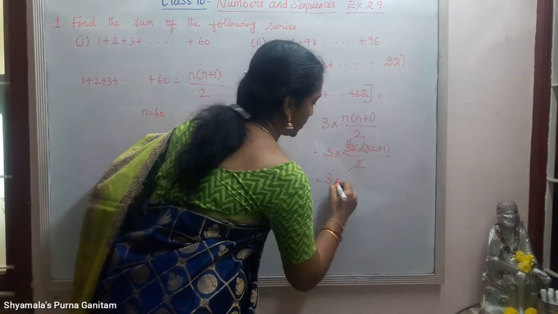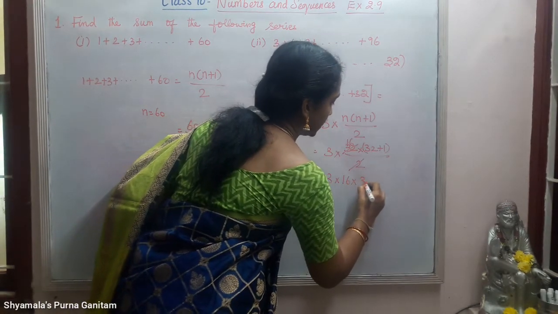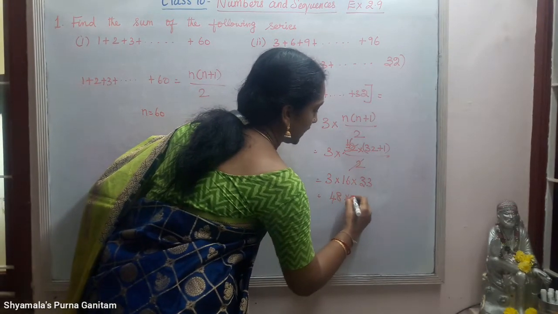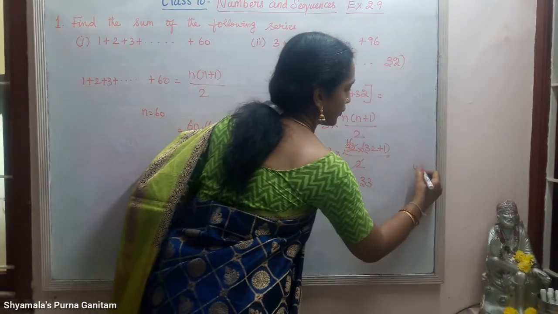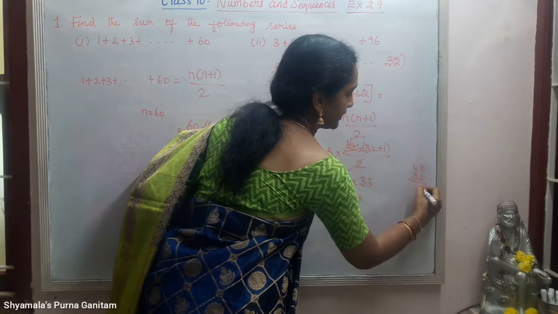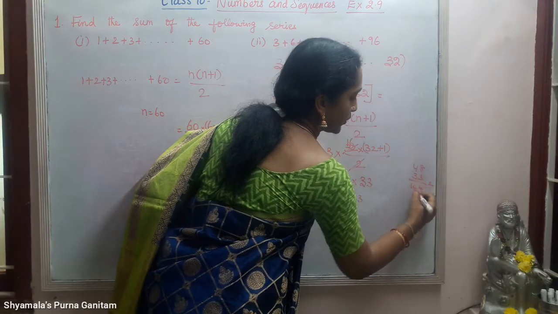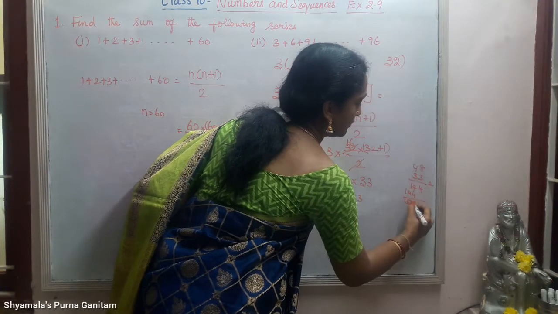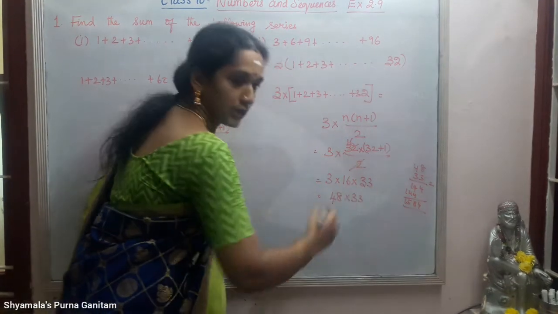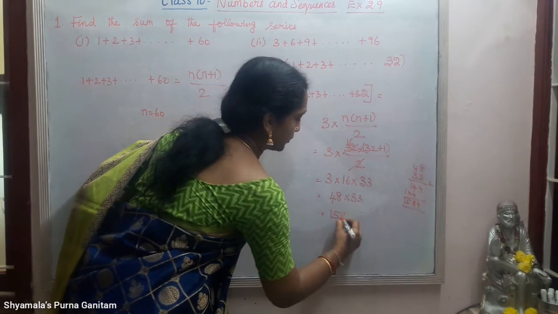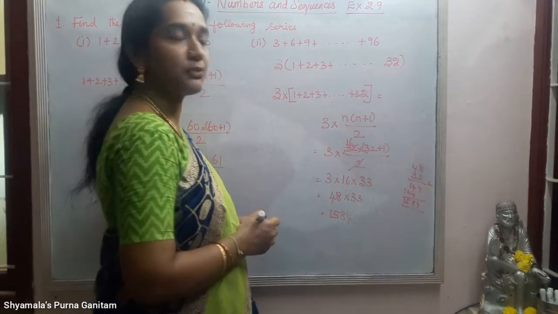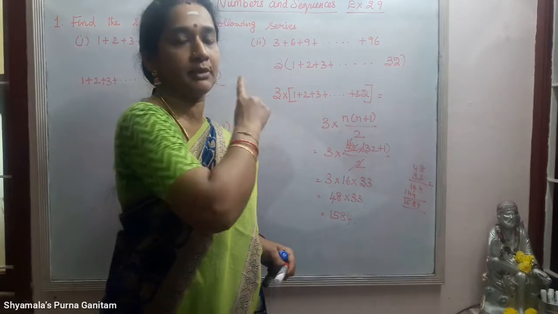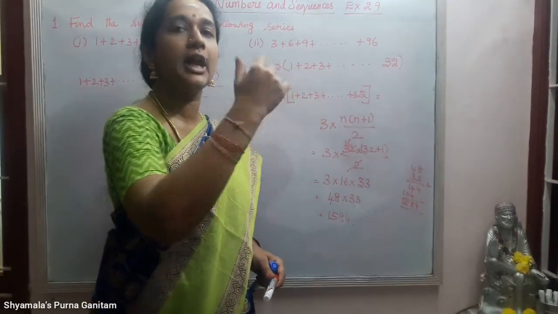So 3 into 16 into 33. 6 3s are 18, 48. 48 into 33: 8 3s are 24, 144. So we will get the answer as 1584. So this is the sum of 3 plus 6 plus 9 up to 96.